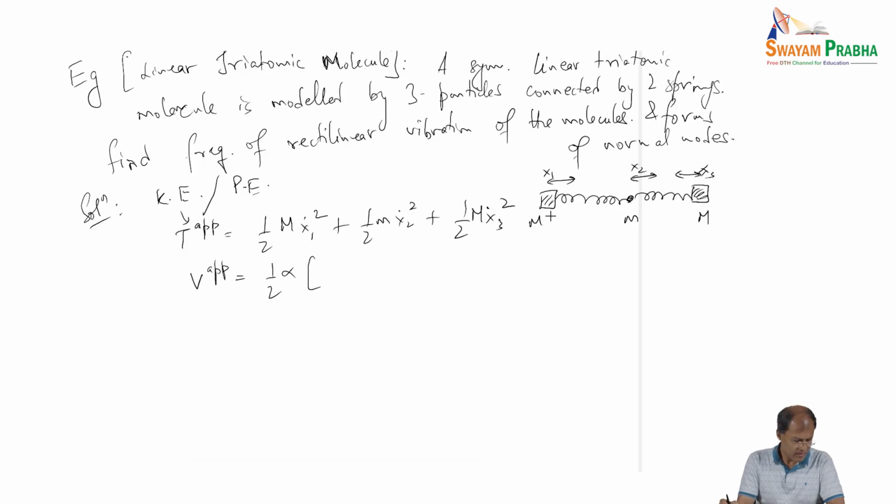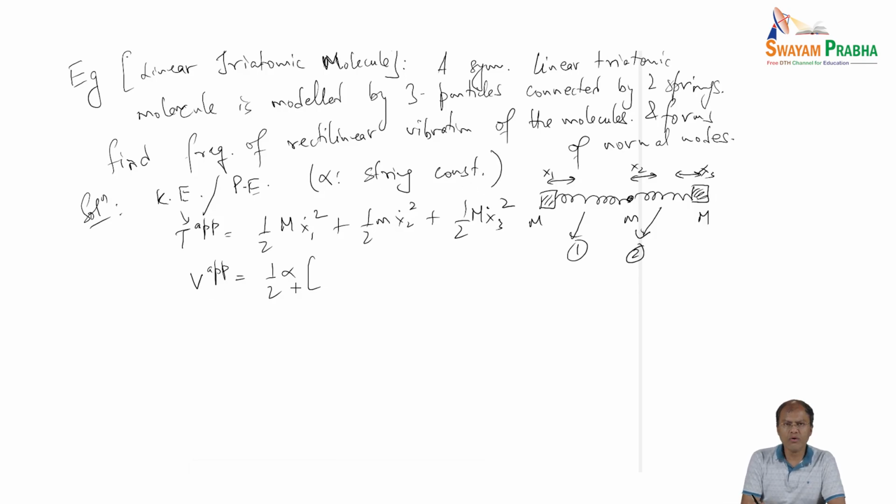And we can write down the approximate form of the potential energy. These are all related to the strings. Since we have only two strings, we will write down the potential related to these two parts of the strings, right? Let us say alpha is the string constant, which is related to the restoration potential.